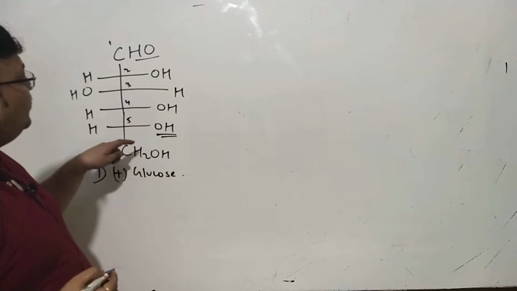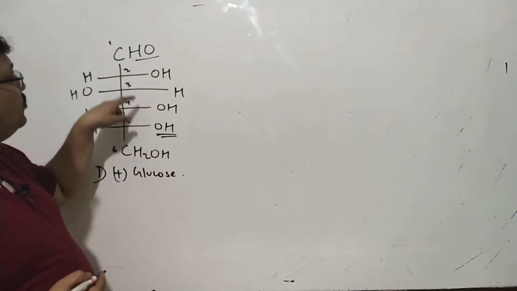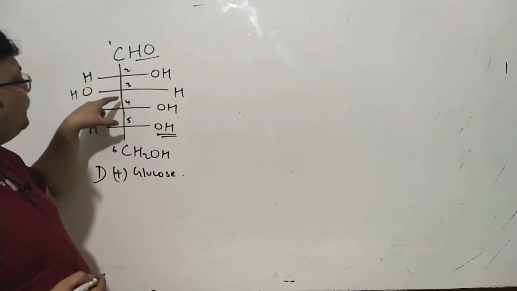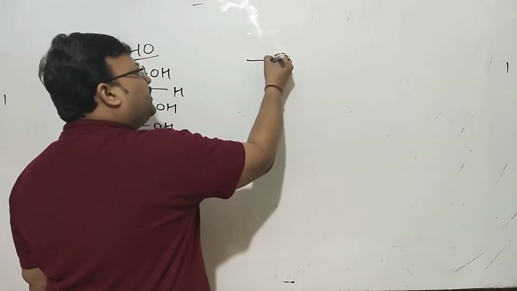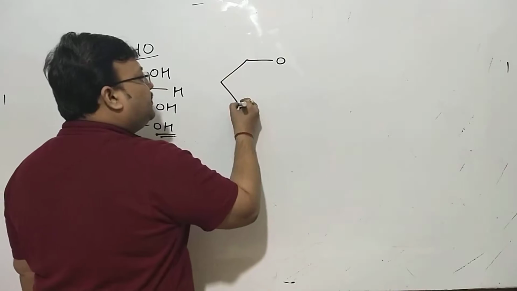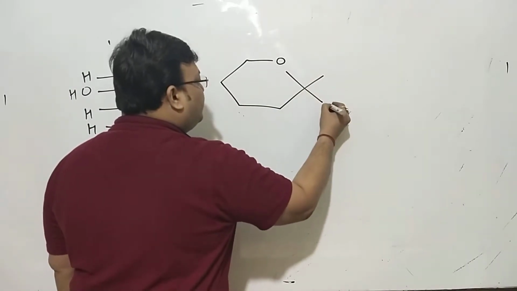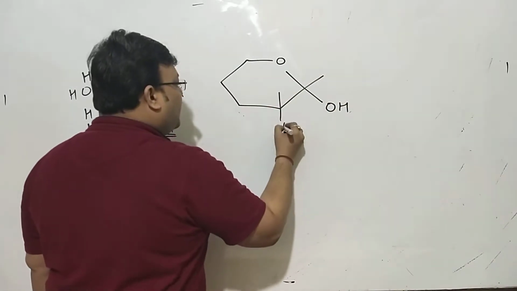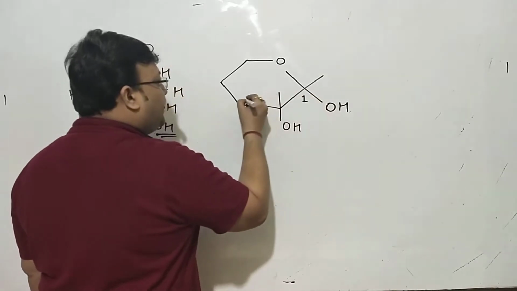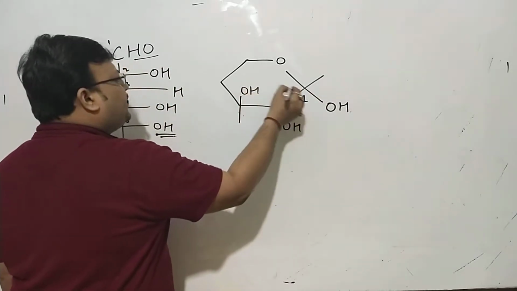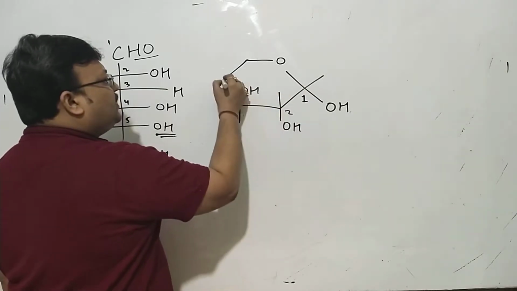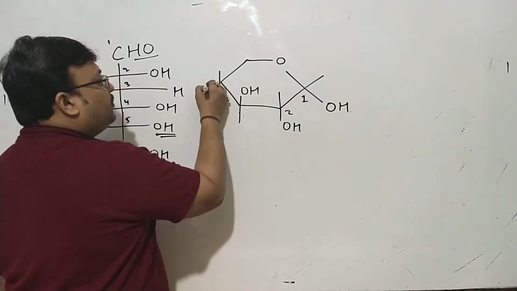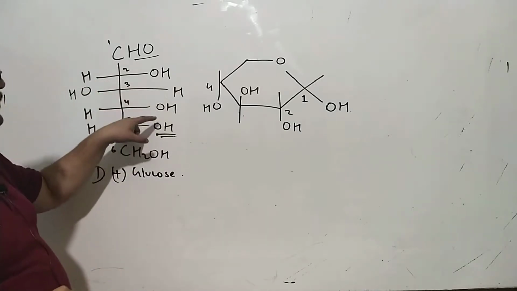Now naturally, using carbon 5 OH and CHO, it was a 1, 2, 3, 4, 5, 6 membered ring, and the two rings possible were of this kind. Either you had this OH down, this was the anomeric carbon, because at carbon 1 you'll have two different configurations, while carbon 2 and carbon 4 will have similar configurations.